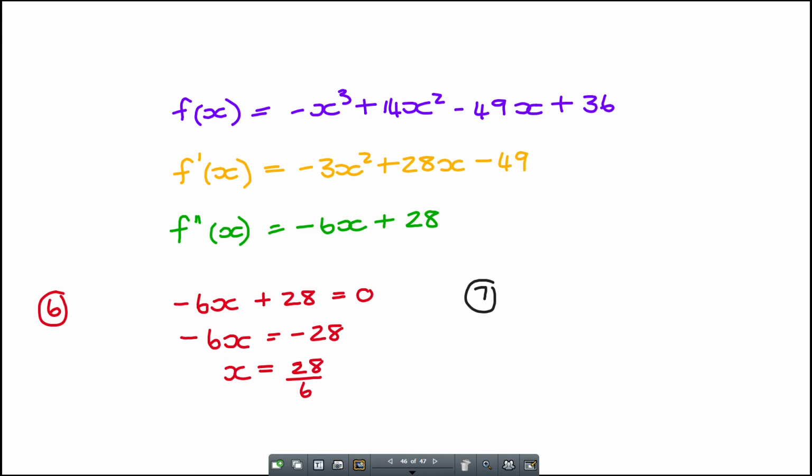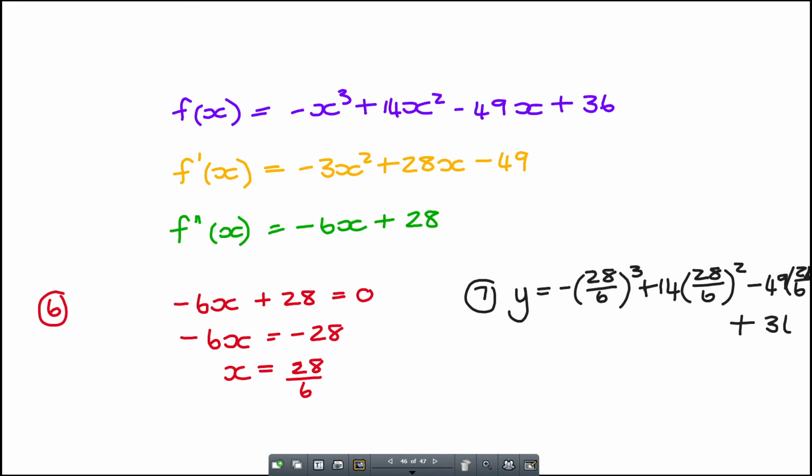Dink hulle wys daar vir jou, ja. So I substitute in that value, 28 over 6. Minus 49 times that, and then plus 36. Hoeveel gee dit dan vir my? How much does it give me? Kyk gou, vat sakrekenaars, kom.